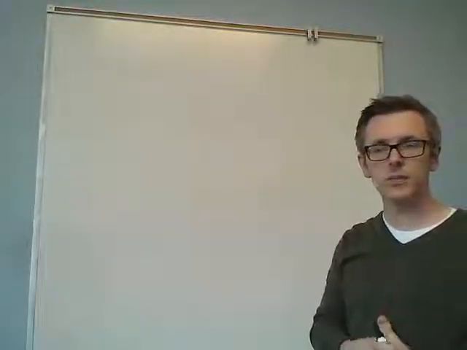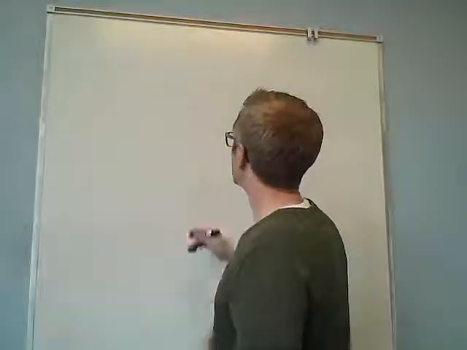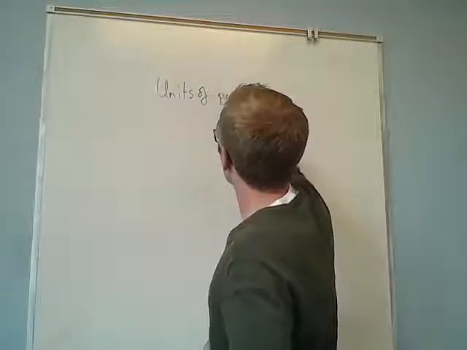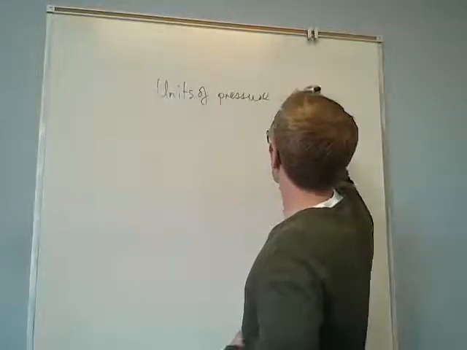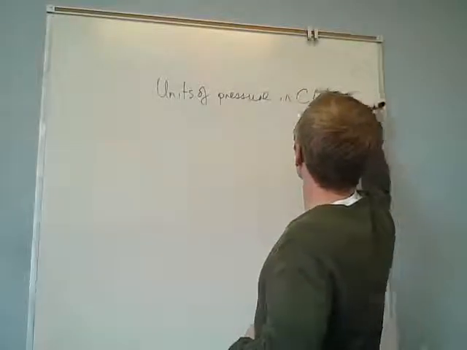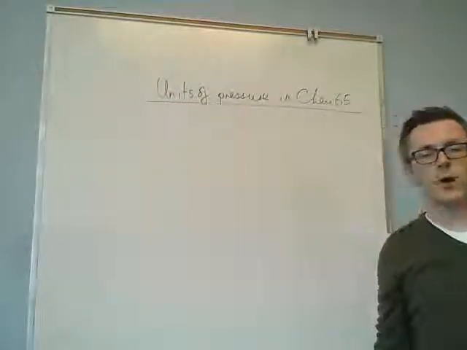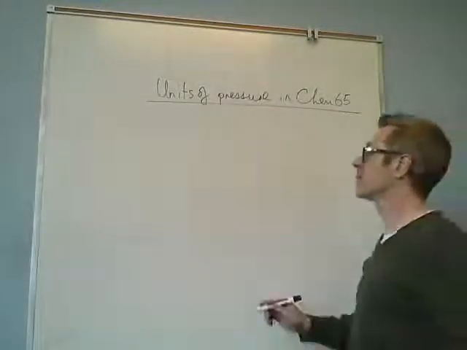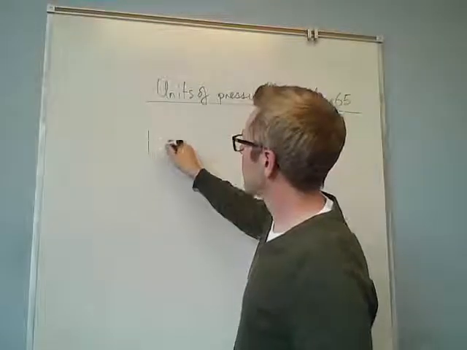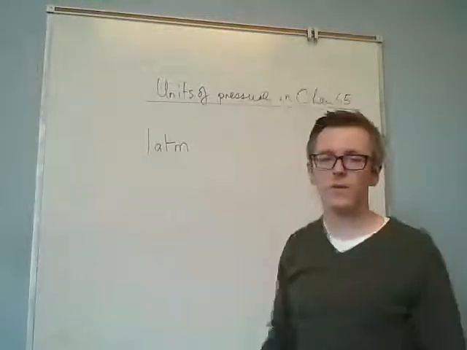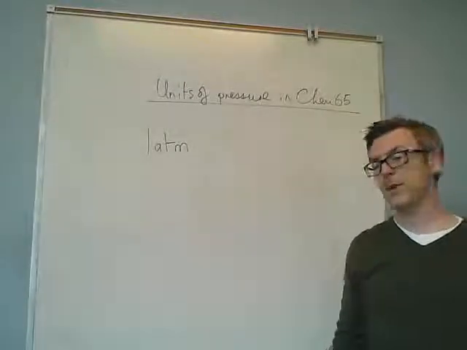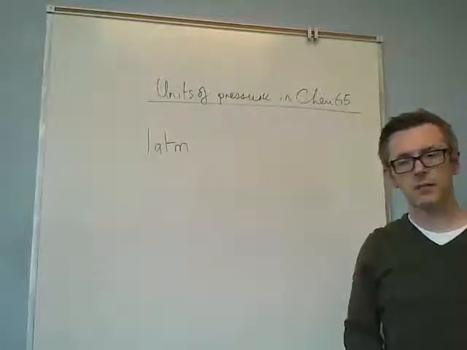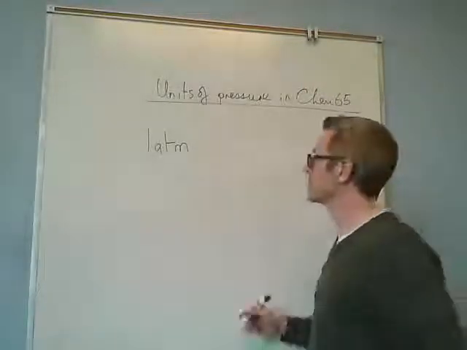Let's consider units of pressure. Well, there are many units of pressure. The ones that you will be accountable for are the following. You'll have to base everything on 1 atmospheric pressure. So ATM is short for atmospheric pressure, and that's roughly the pressure of our atmosphere at sea level on this planet.